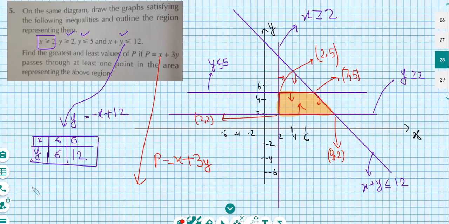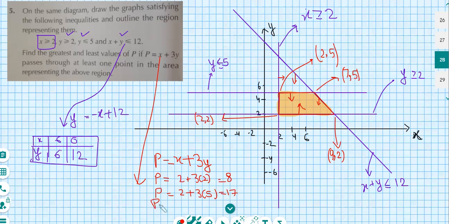So I'm putting here p equal to, if I put 2, 2, 2 plus 3 times 2, I get 8. And if I put 2, 5, 2 plus 3 times 5, I get 17.